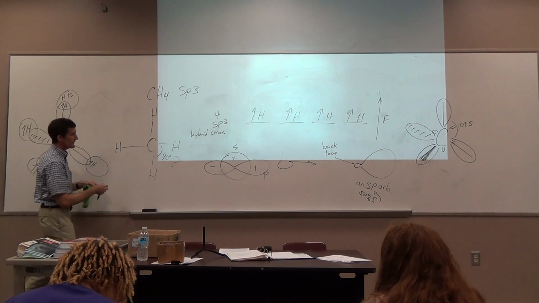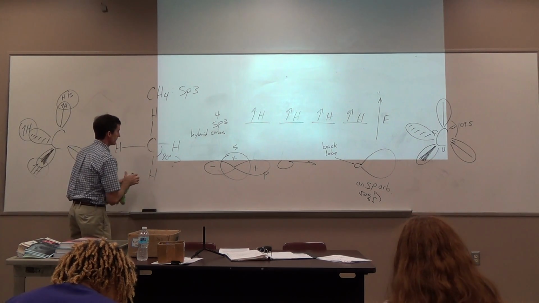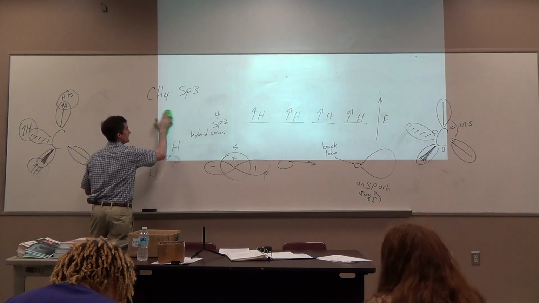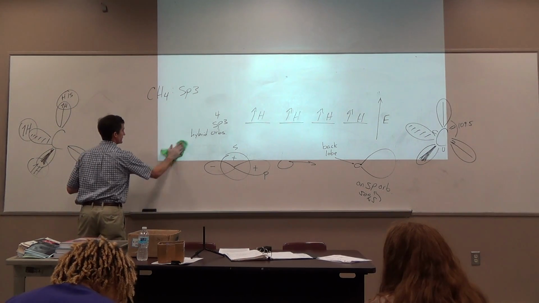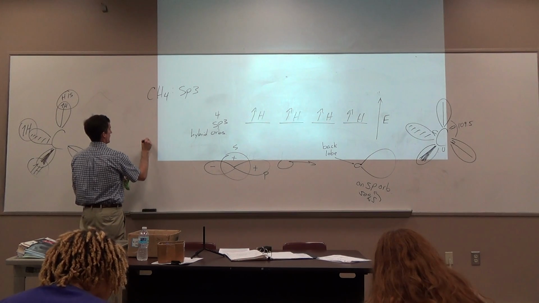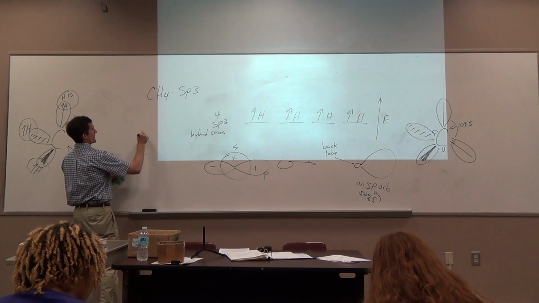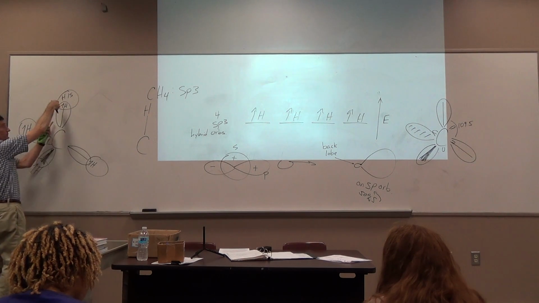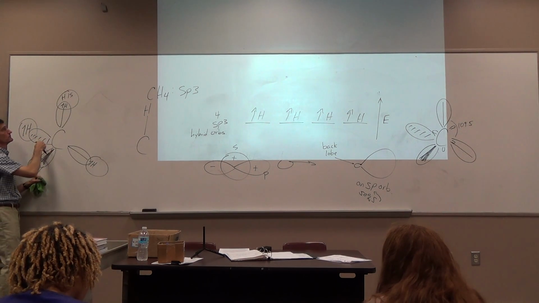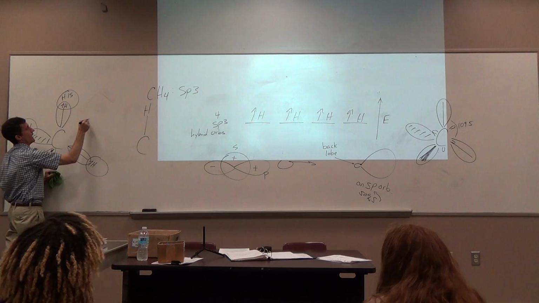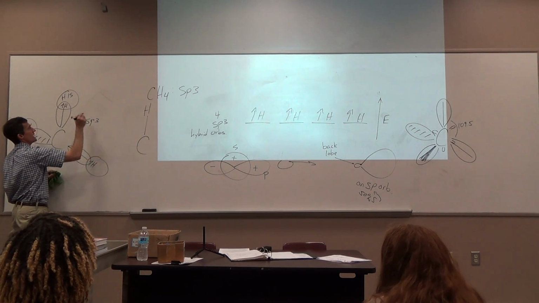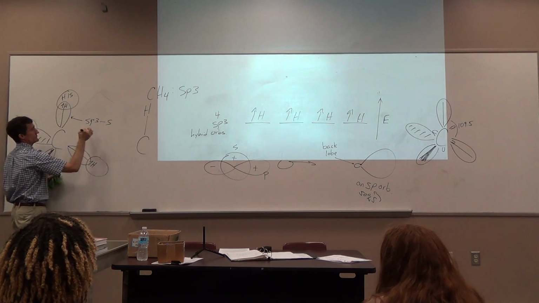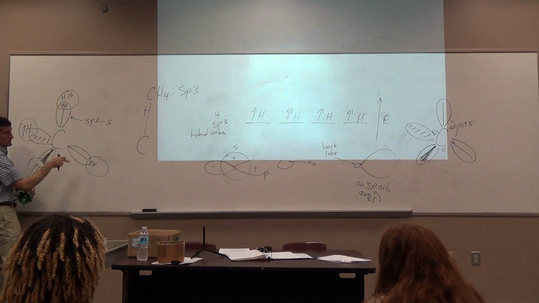So this ends up being, not like that, it ends up being, when we draw the true structure, carbon with bond to H. What is that? Overlap with what type of orbitals? sp3 overlapping with what? S. Every one of these.